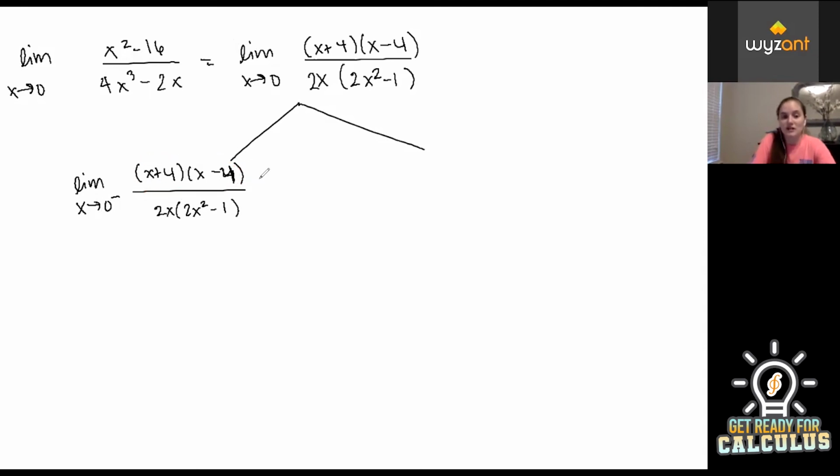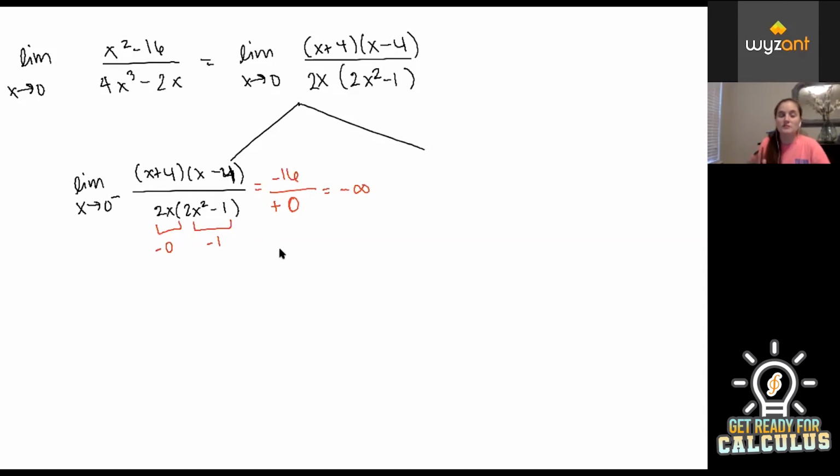I'm still going to get negative 16 on top. But on bottom, when I plug in 0, this becomes a negative 1. But this is going to become a very small negative number. So I'm going to think about it as being like a negative 0. So it's 0 on bottom, but it's a negative times a negative, so it's like a positive 0 on bottom. Because of that negative on top, it's going to go to negative infinity.